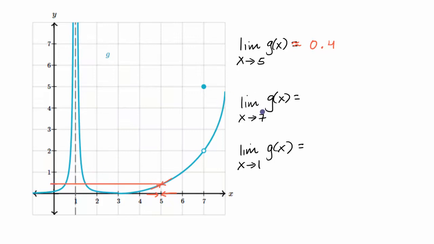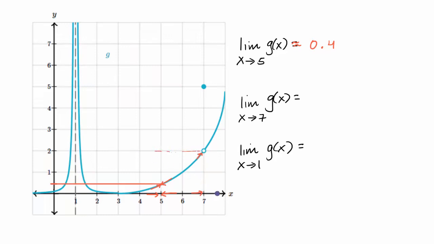Now let's think about the limit of g of x as x approaches 7. Let's do the same exercise. What happens as we approach from the left, from values less than 7, 6.9, 6.99, 6.999? It looks like the value of our function is approaching 2. It doesn't matter that the actual function is defined. g of 7 is 5. But as x goes 6.9, 6.99, and so on, the value of our function is approaching 2.